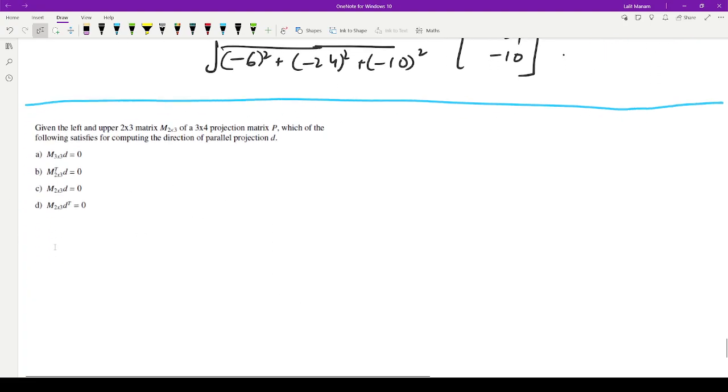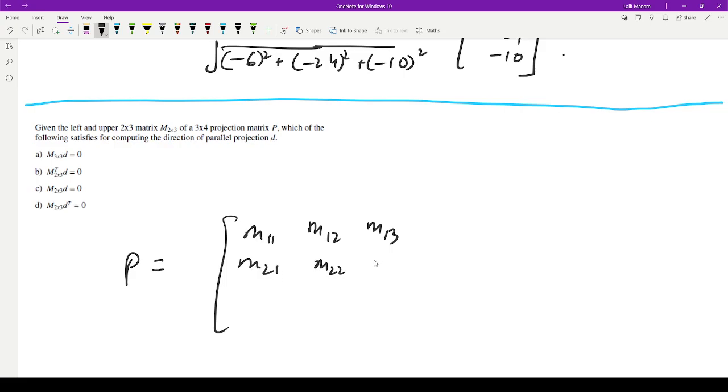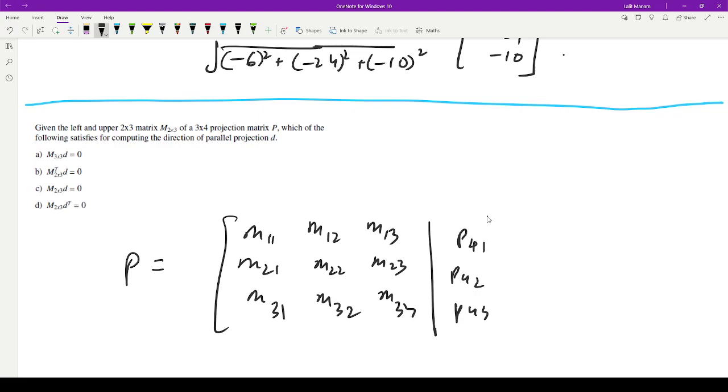So we are given the left upper 2 cross 3 matrix, which is given by M 2 cross 3 of a 3 cross 4 projection matrix P. Okay, so our P looks something like this: M11, M12, M13, M21, M22, M23, M31, M32.